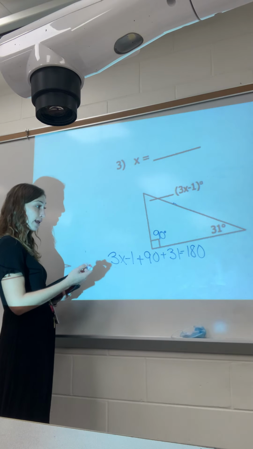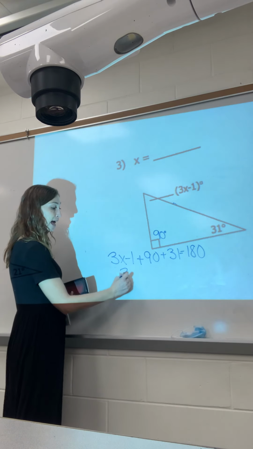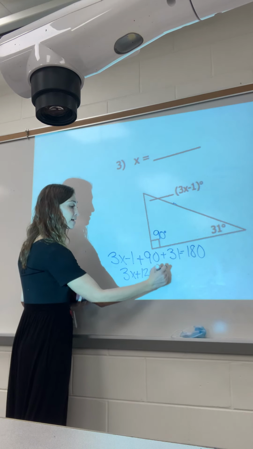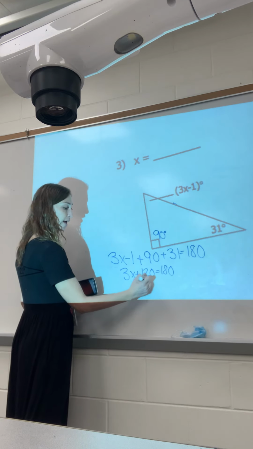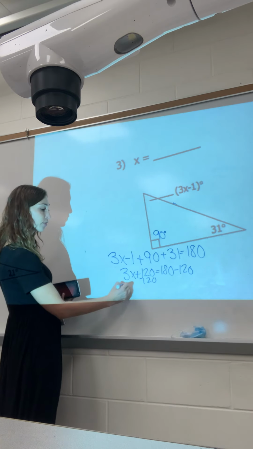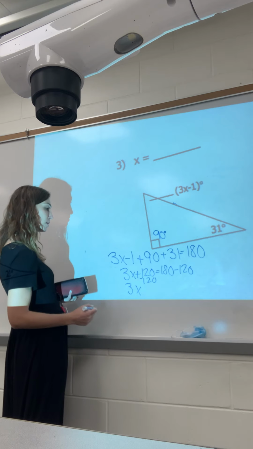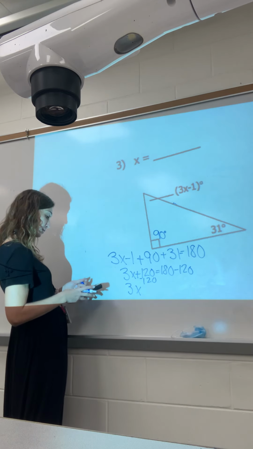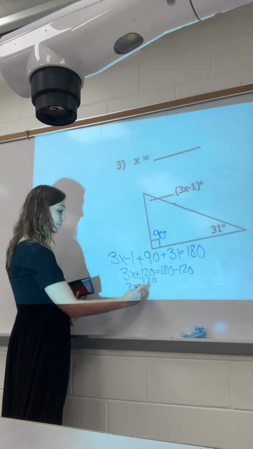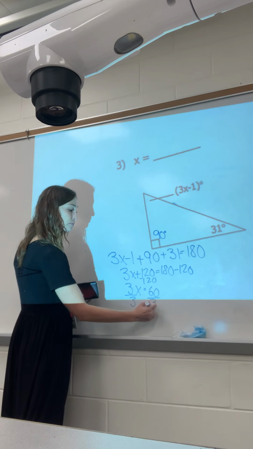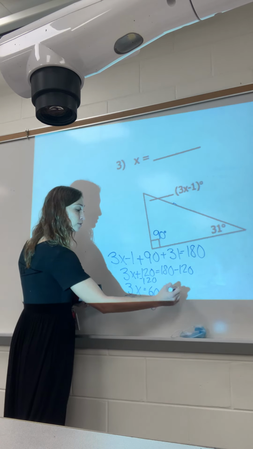That should give me 120. So now I'm left with 3x plus 120 equals 180. I'm going to subtract the 120. Now I'm left with 3x equals 60. I'm going to divide by 3. So now I have x equals 20.